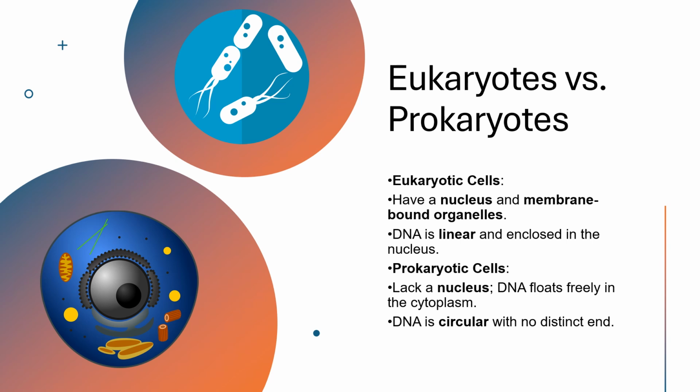Prokaryotic cells, on the other hand, lack a nucleus, and their DNA tends to float around freely in the cytoplasm in a structure called a nucleoid, with additional circular pieces of DNA called plasmids.